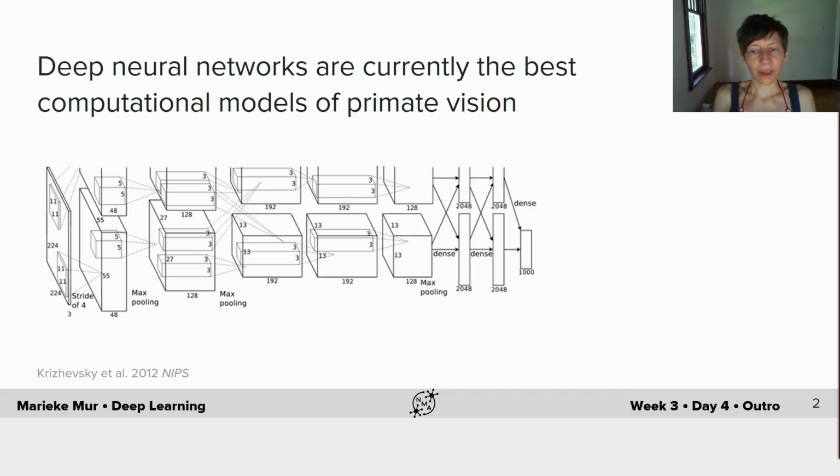This image shows AlexNet, the first convolutional neural network that scaled up to the real-life task of object recognition in natural images. When AlexNet came out in 2012, it outperformed other computer vision models on the ImageNet Object Recognition Challenge by a large margin. Subsequent years have seen further improvements in performance, and DeepNets now surpass human performance on ImageNet.